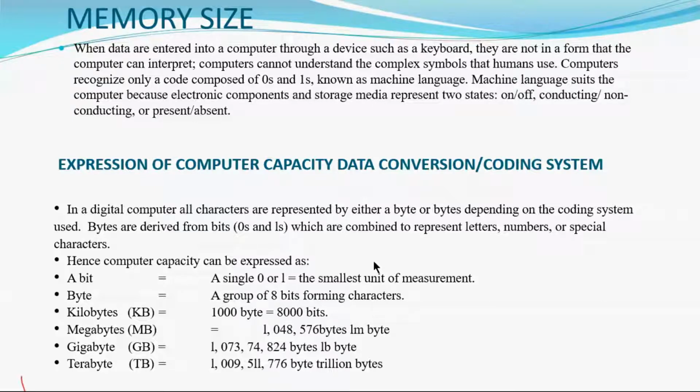So when we have 8 bits grouped together, forming a character, we call that a byte, meaning each character you see in a word is 8 bits. The 8 bits are represented as a series of zeros and ones until they make the 8 bits.